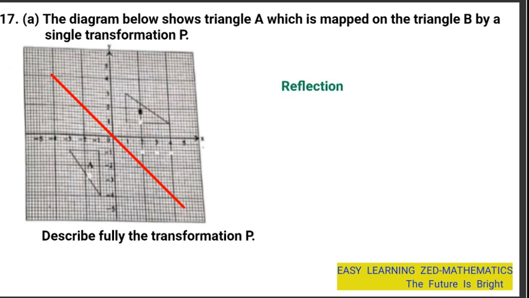The triangle A is reflecting in a mirror as triangle B. Such a transformation has an equation which is y is equal to negative x or negative y is equal to x. So this was the answer. This is how you can describe it. It is a reflection which has the equation y is equal to negative x. Let's go to question 18.